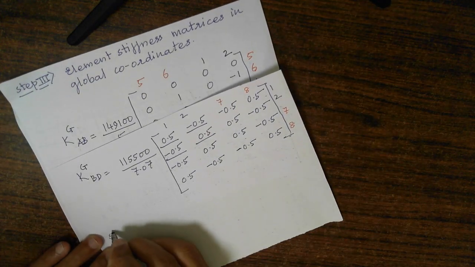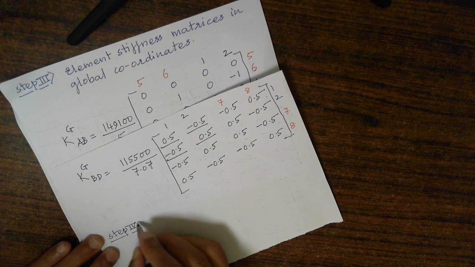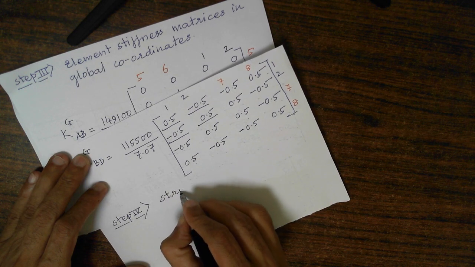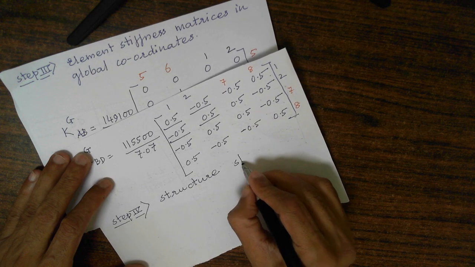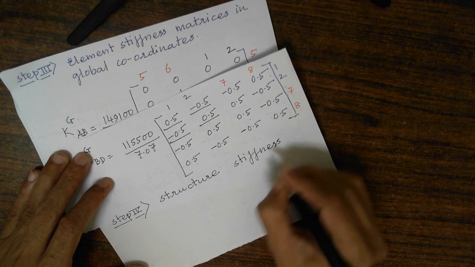Now I am going to write step 4. All of us know step 4 is the structure stiffness matrix in global coordinates, and that is what is asked in examination.